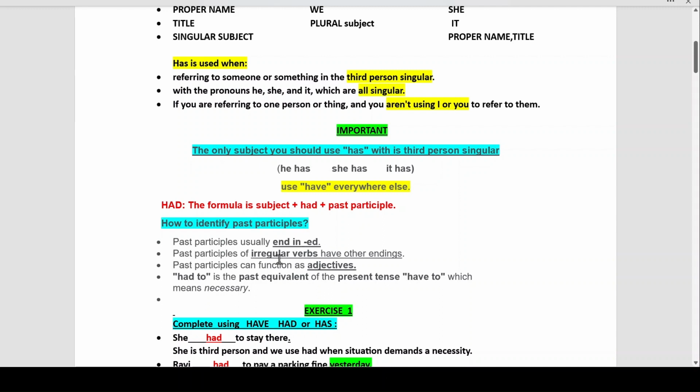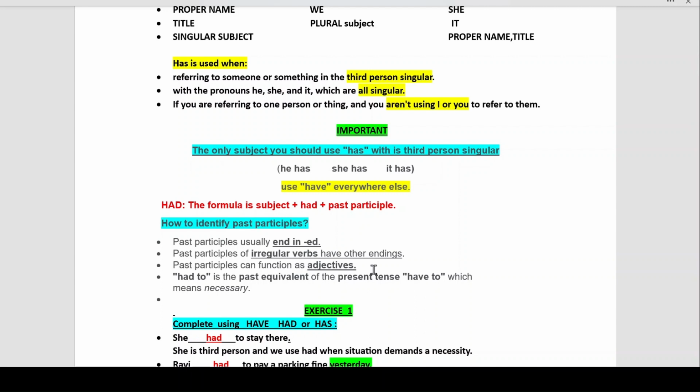Now, there are some past participles of irregular verbs which have other endings. For example, the past participle of eat is not eated, it is eaten. So these are irregular verbs. Past participles can also function as adjectives. Now, what are adjectives? Adjectives are describing words. What do they describe?